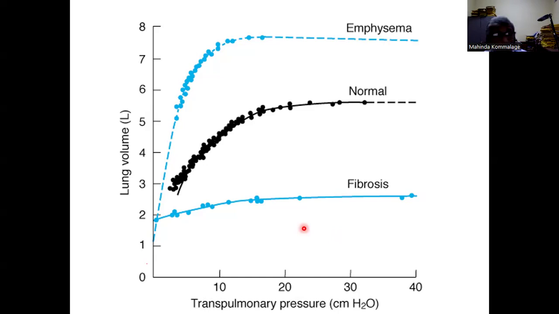As I mentioned, inspiration is an active process in the resting stage. So we use the inspiratory muscles, diaphragm and intercostal muscles, to take a breath. But in quiet breathing, expiration is a passive process, right?